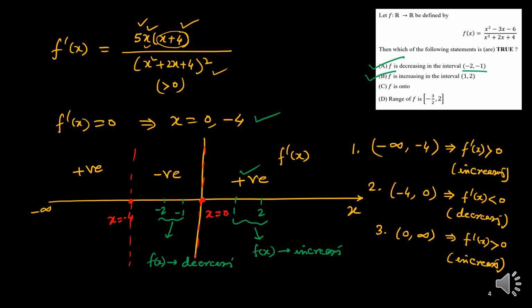Now you can see that at x equal to minus 4, the derivative of f of x is changing from plus to minus. What is the meaning? Plus means the function is increasing, so here the function is increasing. Then after this point x equal to minus 4, the function is decreasing. This means at x equal to minus 4, it will attain a maxima.